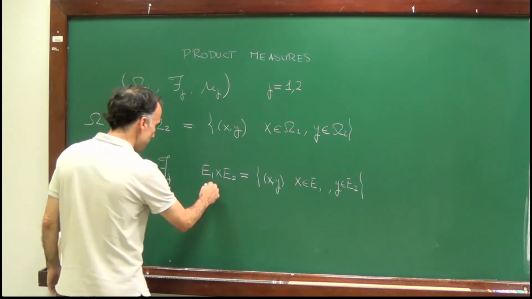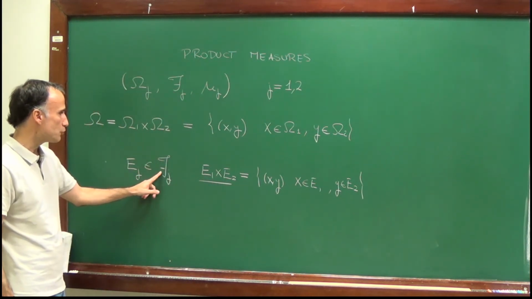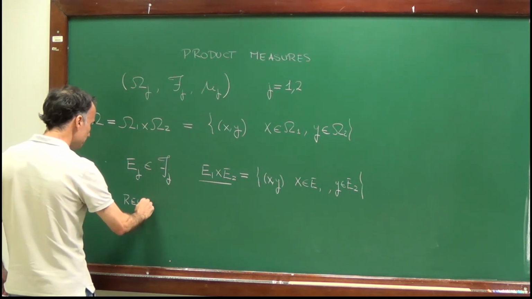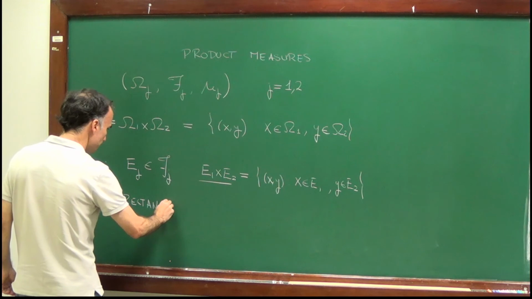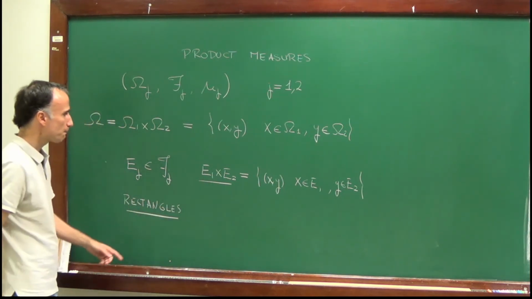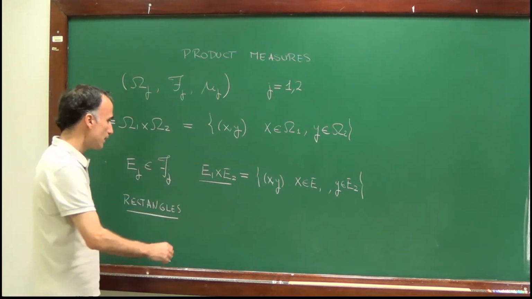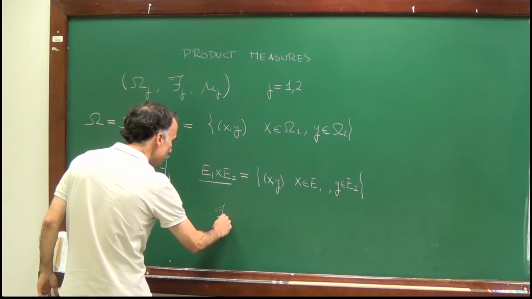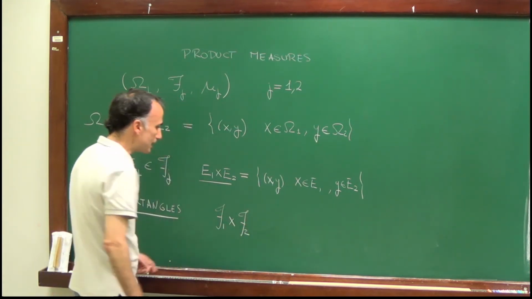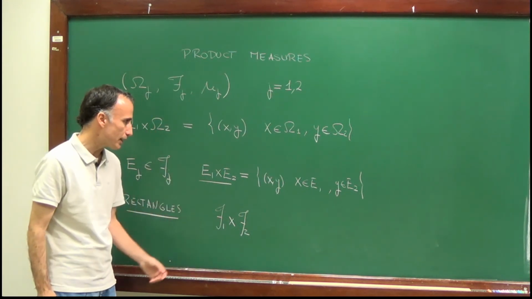These sets, E1 times E2, where E1 belongs to F1 and E2 belongs to F2, will be called rectangles. So I'm calling all such sets rectangles. Then I will denote by F1 times F2 the class of rectangles. So this is the set of all rectangles.